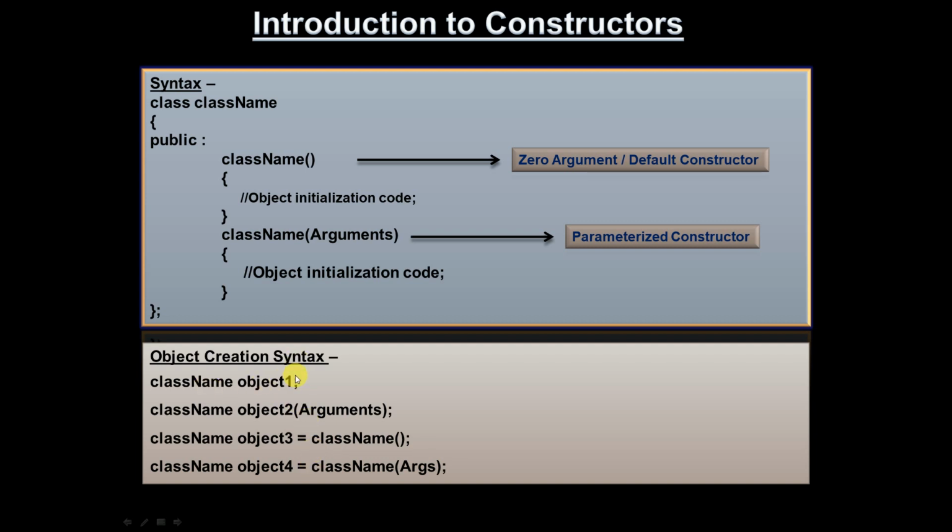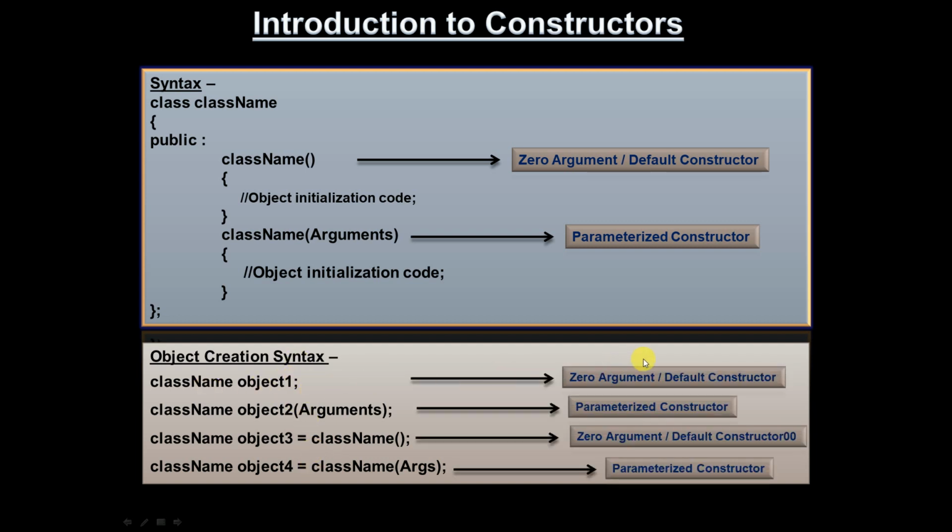First one zero argument constructor, second one parameterized constructor. This is how object creation will happen, and as soon as the object memory is allocated, constructors are called immediately to initialize the object's memory. The data members present in that object will be initialized by the constructors.